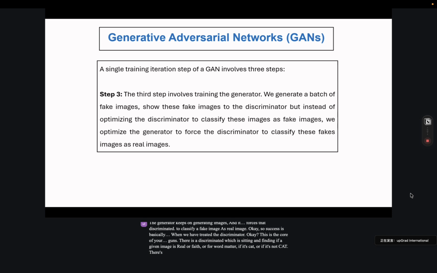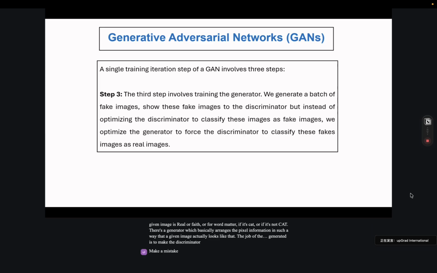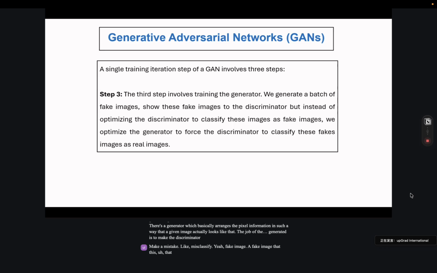There's a generator which arranges the pixel information in such a way that a given image actually looks like a cat. The job of the generator is to make the discriminator make a mistake, like misclassify a fake image that the generator is generating as a real cat.